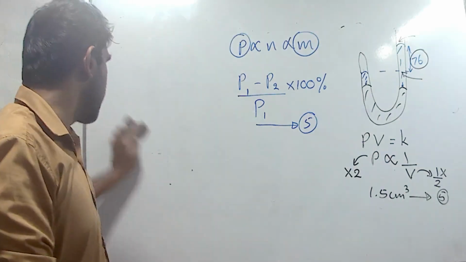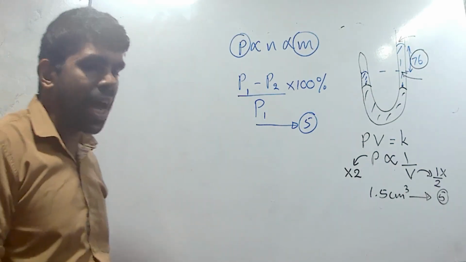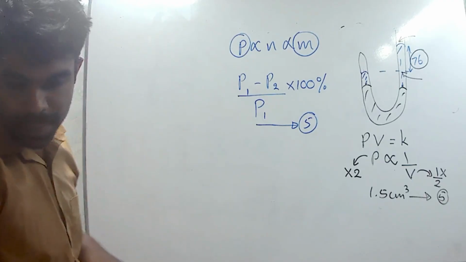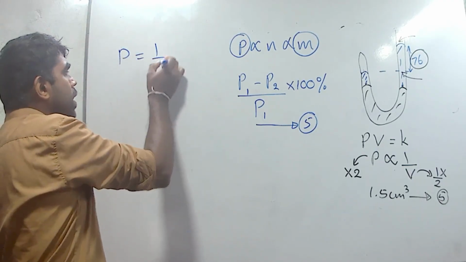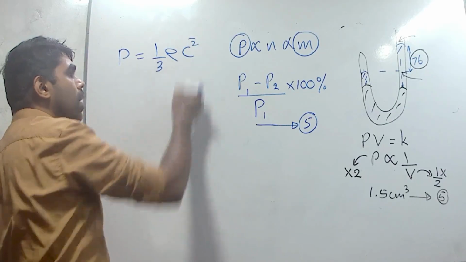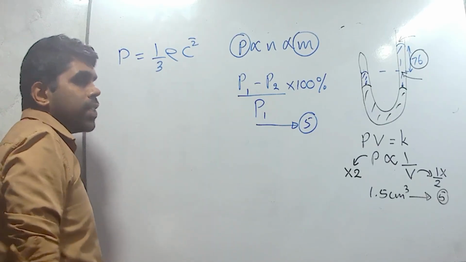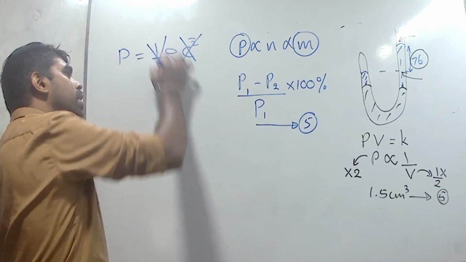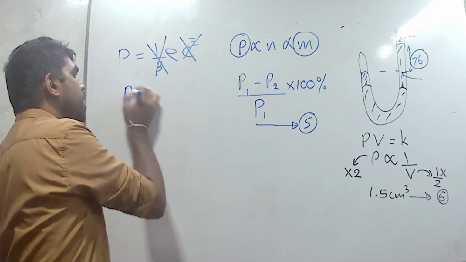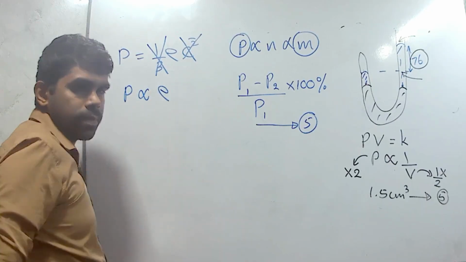We can obtain the relationship between pressure and density. P equals 1/3 rho C square bar. There is the same temperature, therefore C square bar is constant. 1/3 is constant. Then pressure is directly proportional to density.